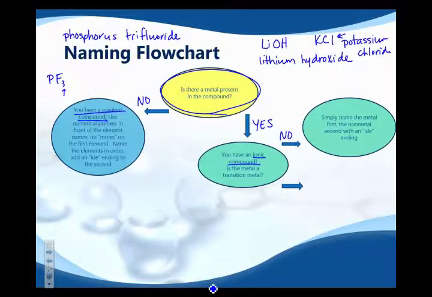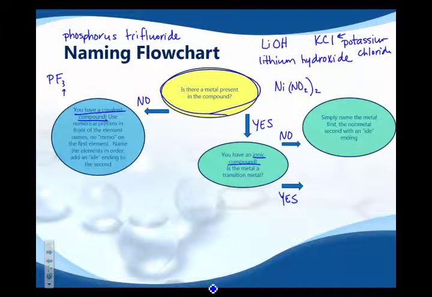If, on the other hand, the compound that we're naming has a transition metal, like say for instance I had nickel in this compound. Nickel is not in the first two columns of the periodic table, and it's not silver or aluminum, so we know it's a variable charge metal. It's also located in the transition metals, which is a pretty good hint.